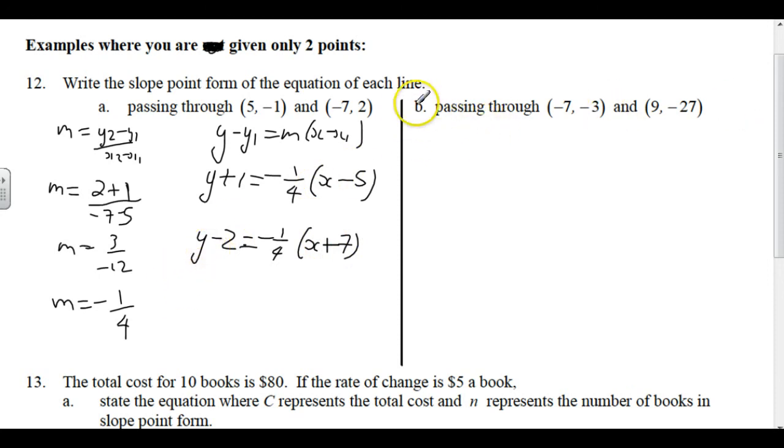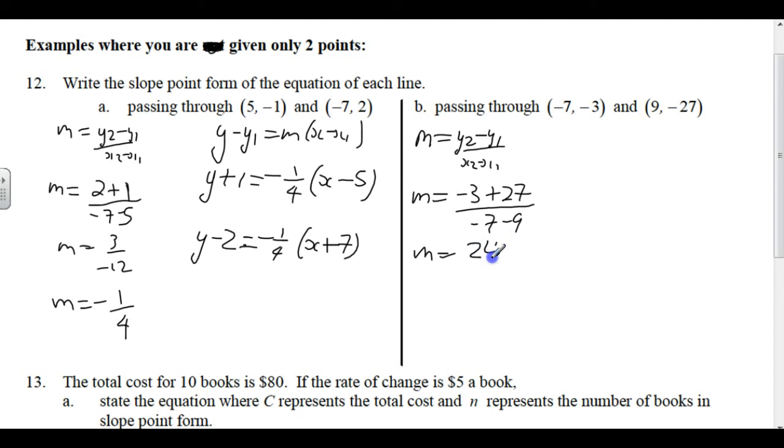Passing through, okay, again, same deal, right? And every time you write down slope, you do start with the formula. So I'm going to go the other way. So we'll go negative 3 plus 27, just to give a positive, right? Negative minus negative, and then negative 7 minus 9.